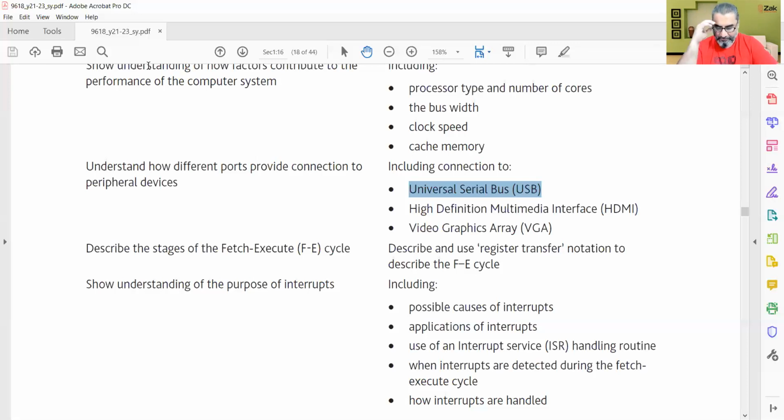Let's first see what the advantages are. Devices plugged into the computer are automatically detected and device drivers are automatically loaded. The connectors can only fit one way, which prevents incorrect connections being made.